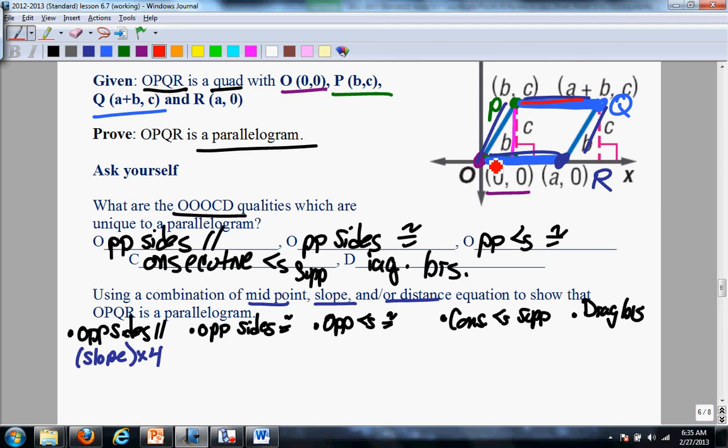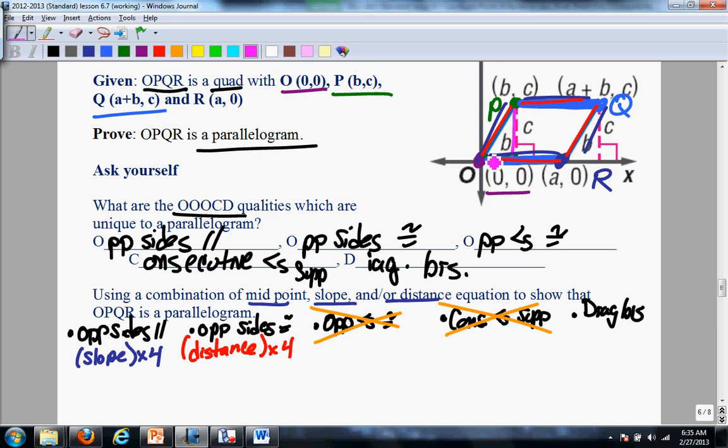So to do opposite sides congruent, we'd have to use the distance equation 4 times. We'd have to find the distance of all 4 sides and show that opposite sides are congruent. There's really no way for us to talk about angles except right angles with slope. So we can't use this one, nor can we use this one.